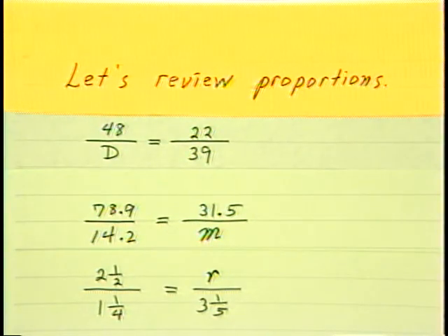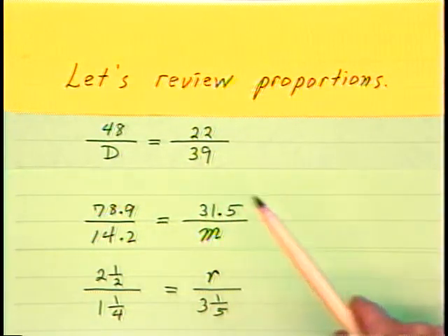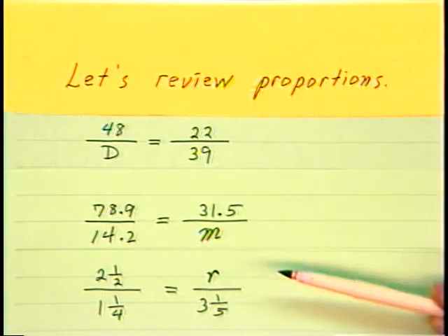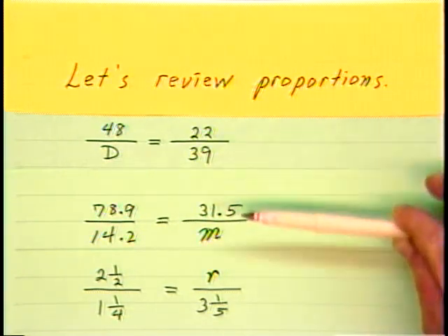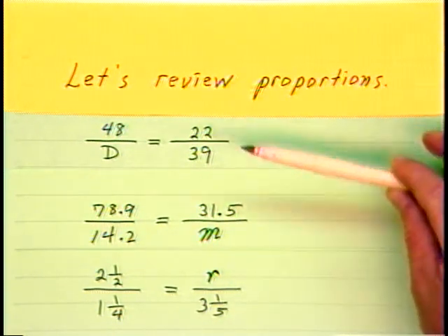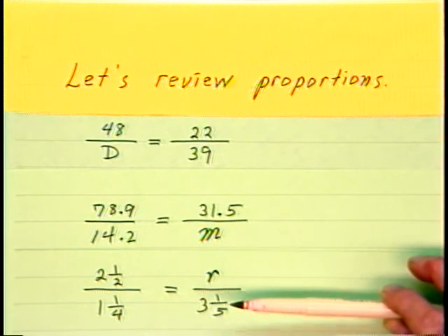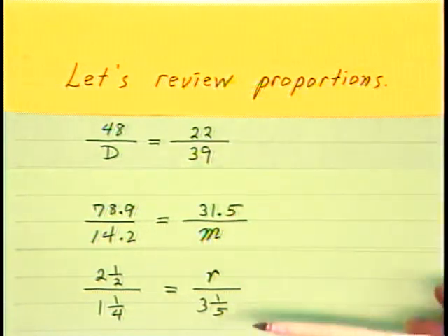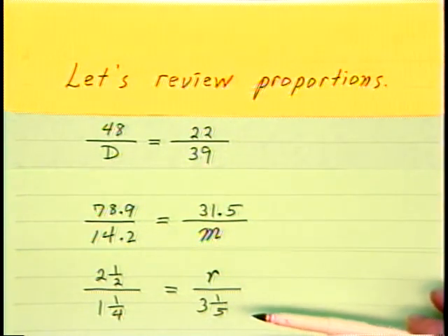Let's leave that lesson for just a moment. It's an easy lesson, and spend the last 5 to 8 minutes together and review solving proportions. If you're quite good at solving proportions by this point, you might want to skip the rest of this lesson and go right to your homework.